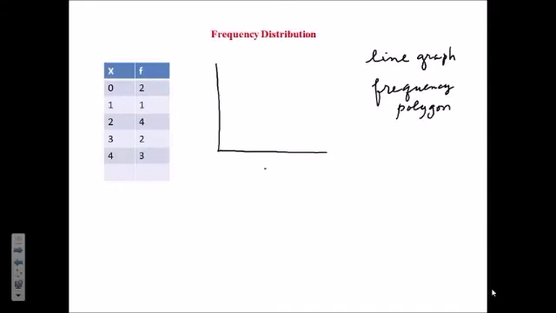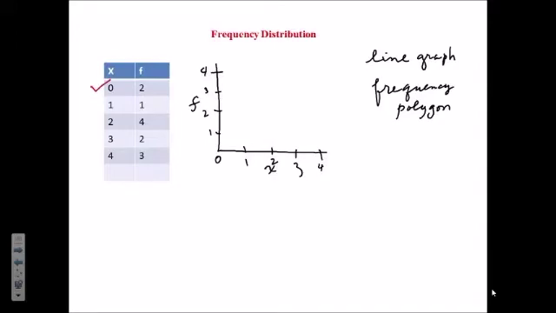And the way that works, again, x's on the horizontal axis and frequencies on the vertical axis. X's, this time I'll start with 0 at the origin. And the frequencies go up to 4 also. And now we'll plot the points.